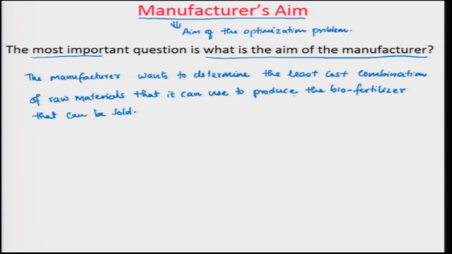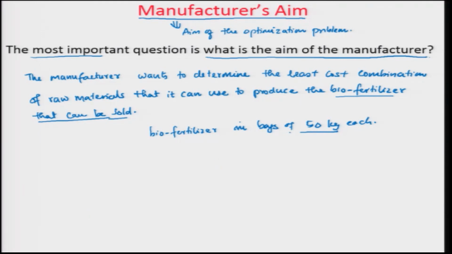So the manufacturer wants to produce biofertilizer in bags of 50 kilogram each. Okay, so each bag is 50 kilogram, and he wants to produce this biofertilizer that can be sold to the customer.